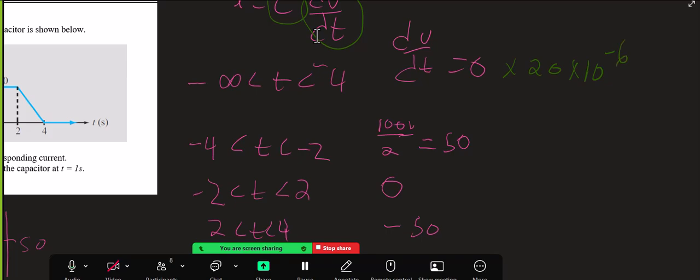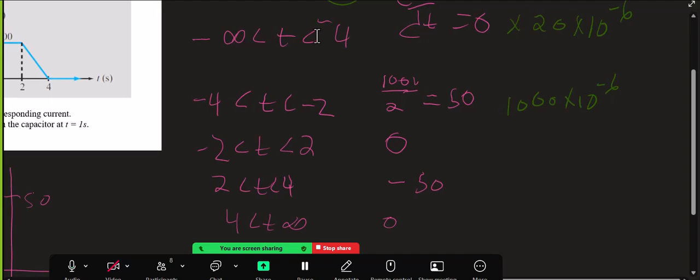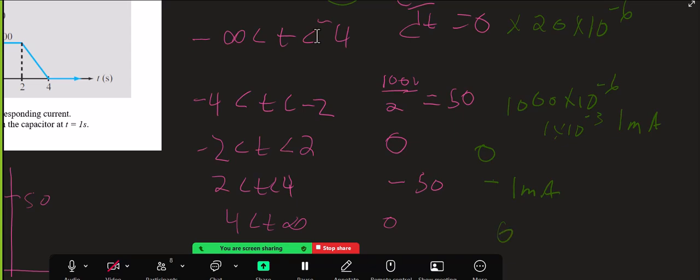So this would be 1,000 times 10 to the negative 6, which is the same as 1 times 10 to the negative 3, which is 1 milliamp. And then I'll get 0 here. And for negative 50, I get negative 1 milliamp, and then 0.